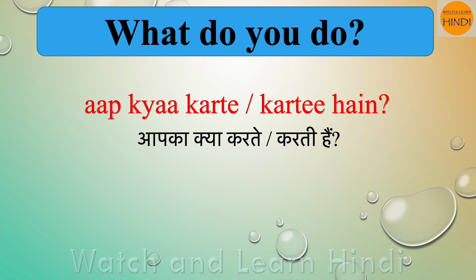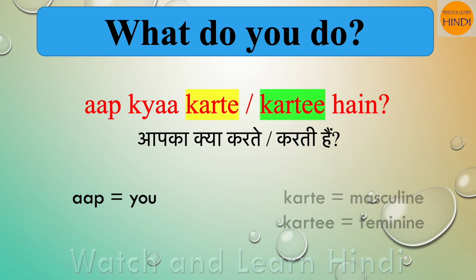Now remember, I told you that some of the sentences are gender specific and this is one of those where आप is you, क्या is what, and करते and karti are the words that define whether the question is masculine or feminine. So karte is masculine, karti is feminine.